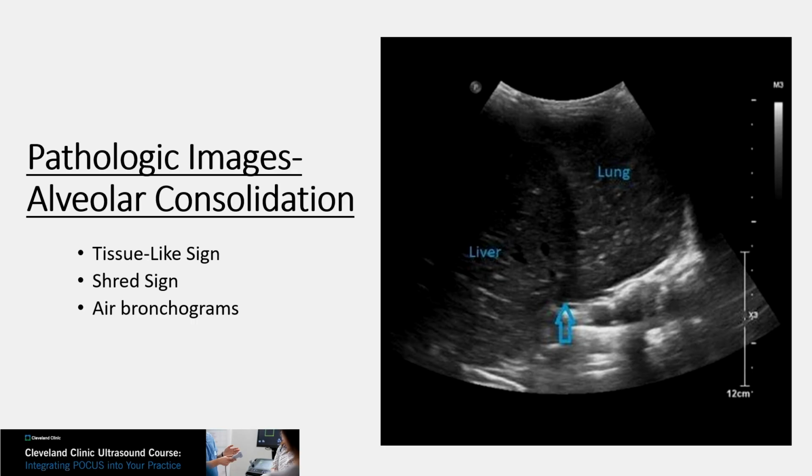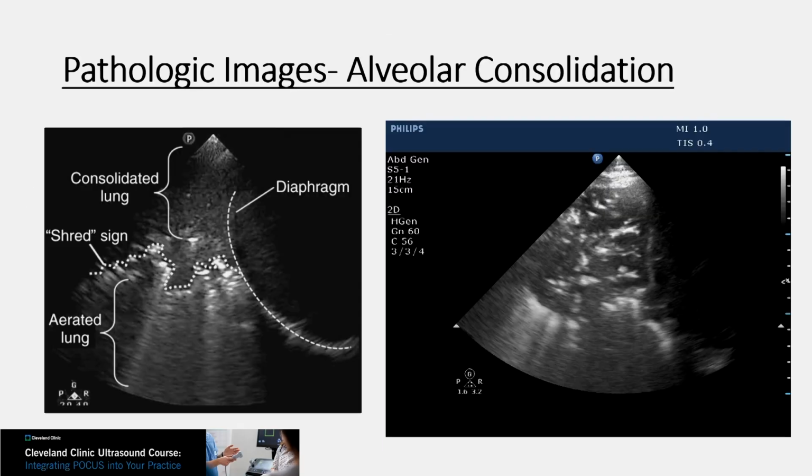Other signs include the shred sign or air bronchograms, which are pictured on this slide. A shred sign essentially looks like you've taken a piece of paper and you've shredded it apart. This is indicative of having consolidated lung, which is similar to that tissue-like sign, but the shred or the paper tear is indicative of where consolidated lung interacts with aerated lung, creating this bright white line, and that's the shred sign.